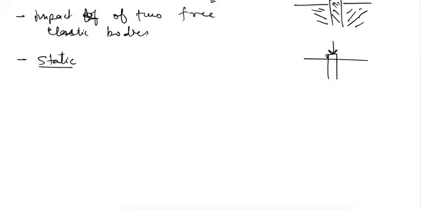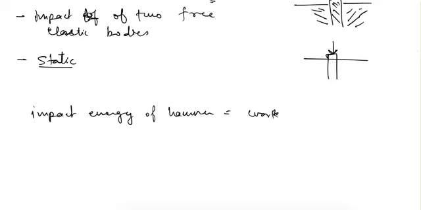So how do we derive this formula? To derive the formula, the impact energy of the hammer is equated with the work done by the pile. When we drop the hammer on this pile, it will have some impact energy.